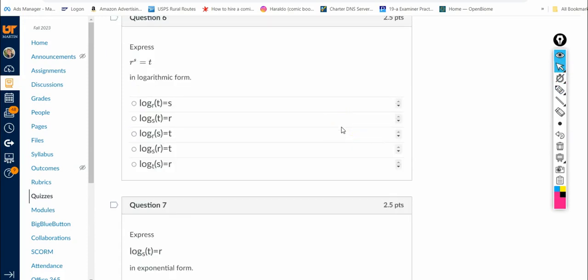Okay. Express that in logarithmic form. Well, we had a conversion formula. And if I'm going from exponential to logarithmic, we have that. And so what I need to do, let me write that bigger.